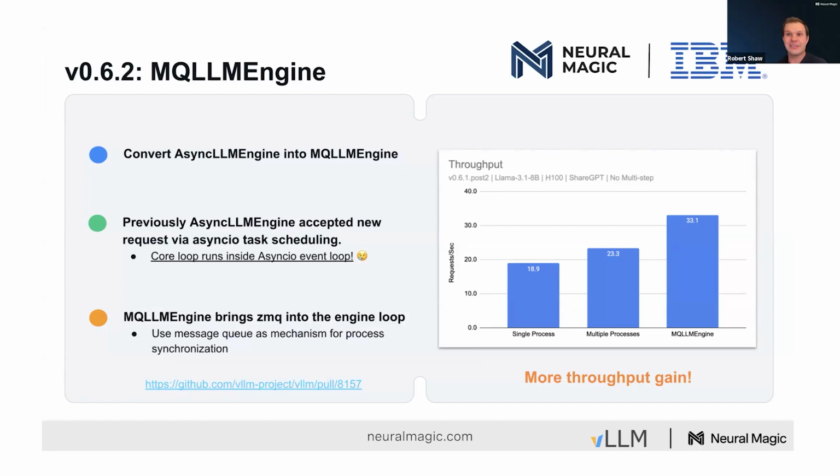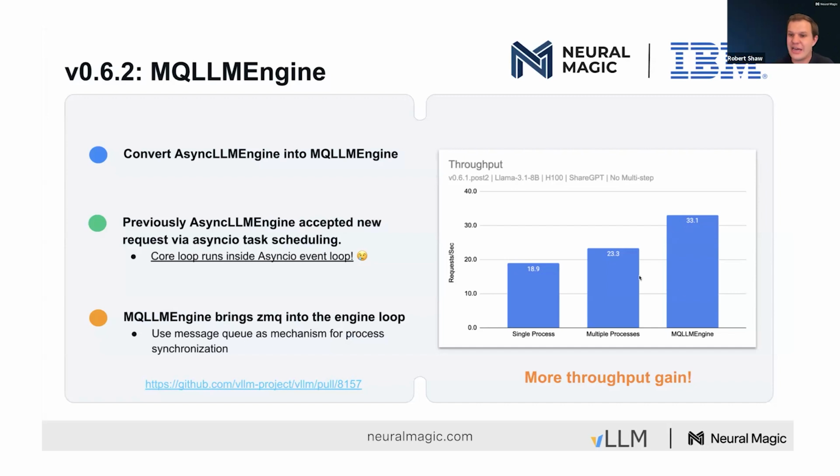This turns out to have significant overhead in the task switching that occurs. So we have been working to enable more concurrency inside of the LLM engine by bringing ZeroMQ into that inner loop and enabling concurrency through a message passing protocol as compared to asyncio task switching.